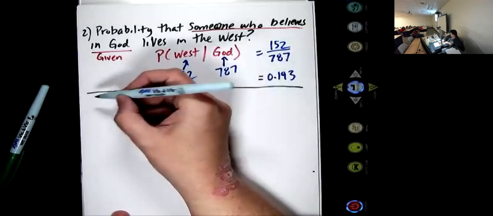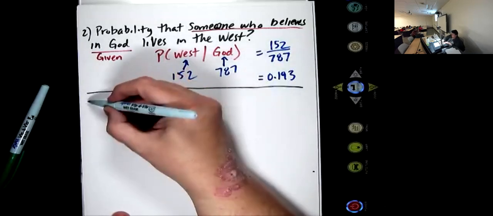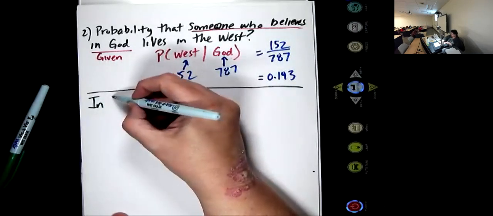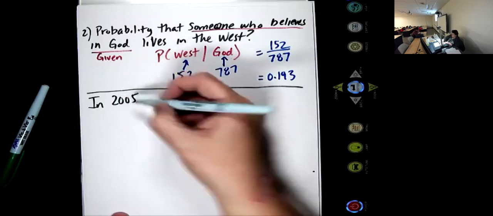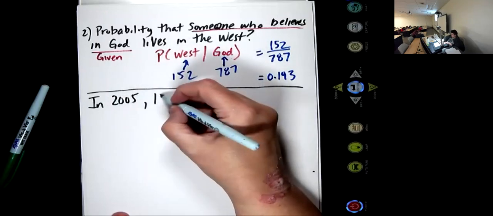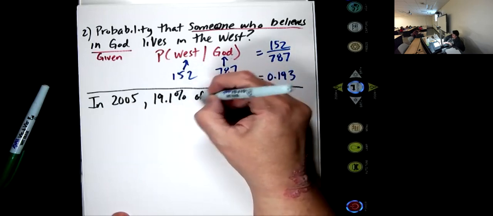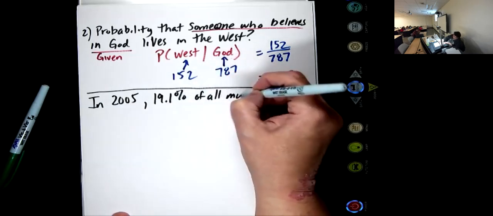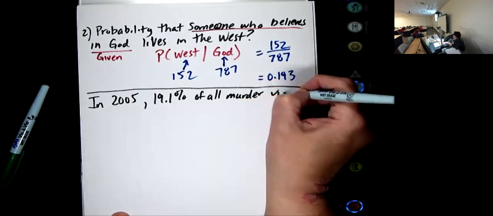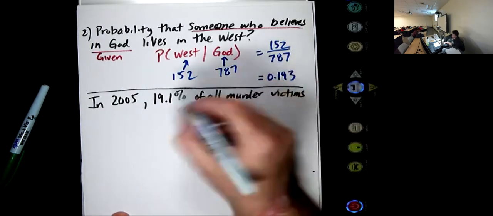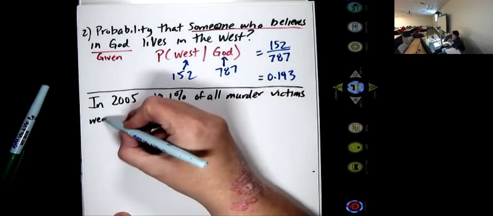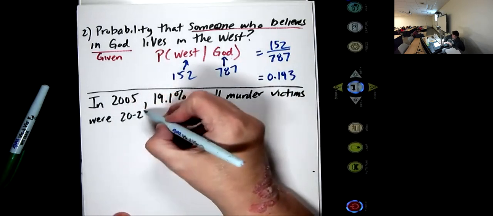So this is going to be in great word problem form, like every problem in the book, right? In 2005, 19.1% of all murder victims were 20 to 24 years old.